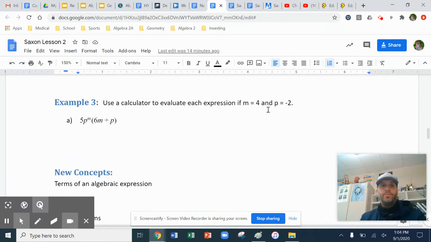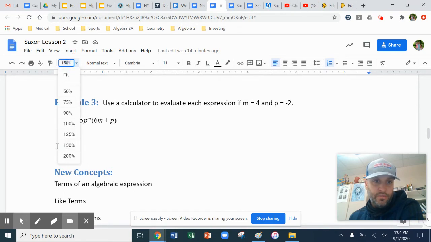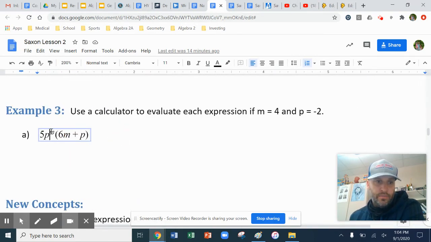In problem 3, I am going to use a calculator to evaluate. Before I use my calculator, though, I am going to put 4 in for m and p in for -2. One thing to notice on this problem is I am going to put a 4 into this exponent here for the m. So if m is an exponent, that just means replace m with this 4 right here.